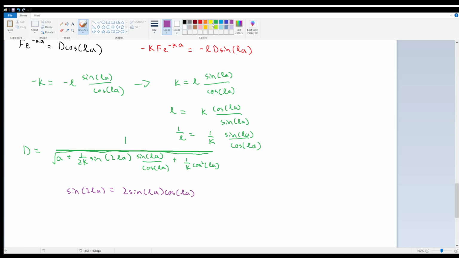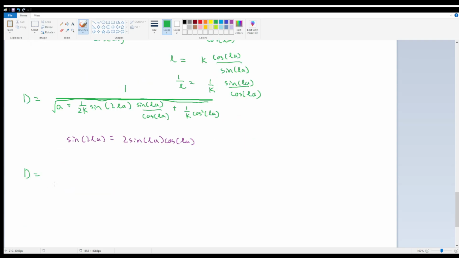Then D equals 1 over the square root of A plus 1 over 2K times 2 sine LA times cosine LA, multiplied by sine LA over cosine LA, plus 1 over K cosine squared LA.